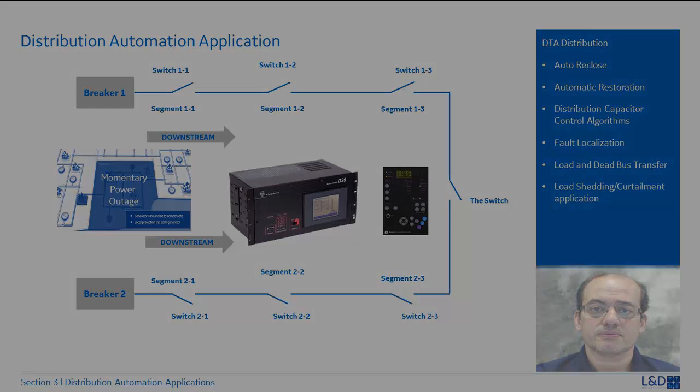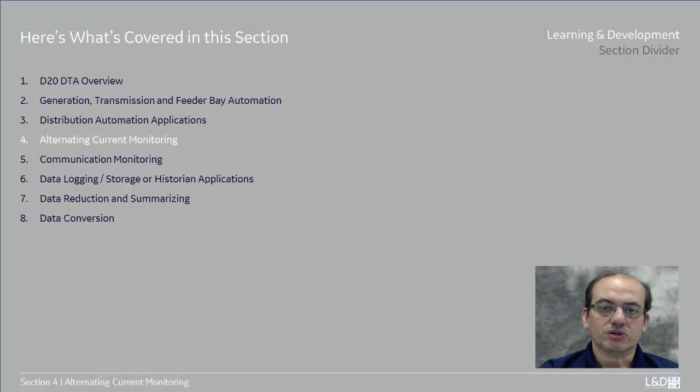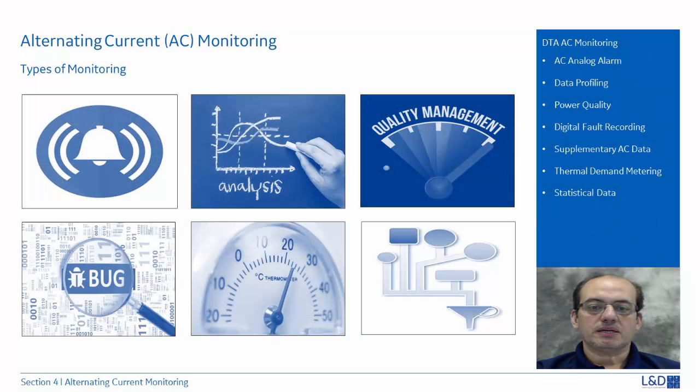substations. In this section, we're going to discuss alternating current data translation applications. For the AC applications, the AC applications that were developed for the DTA include the AC analog alarm data translation application that basically provides alarms based on certain AC values.